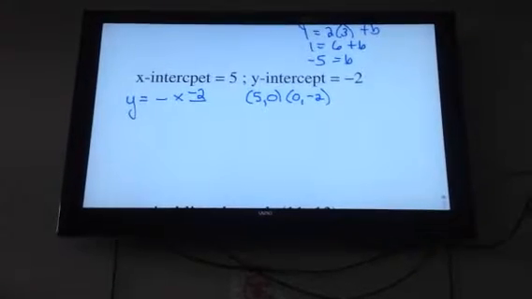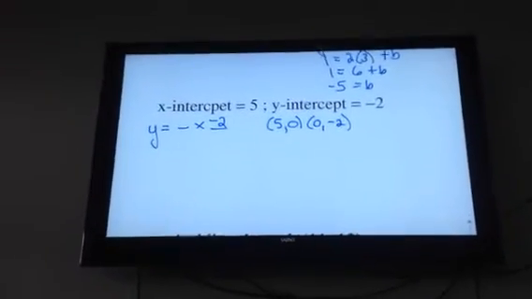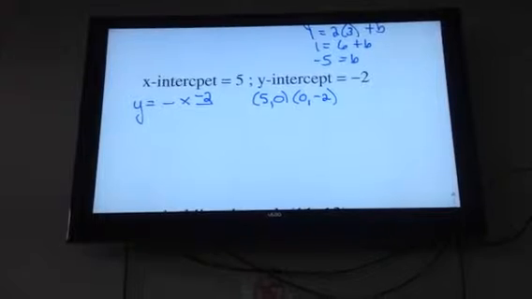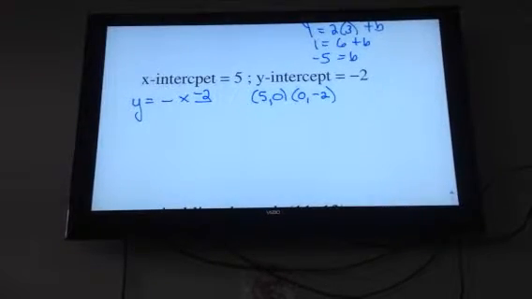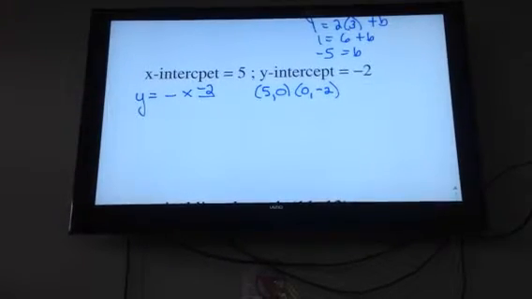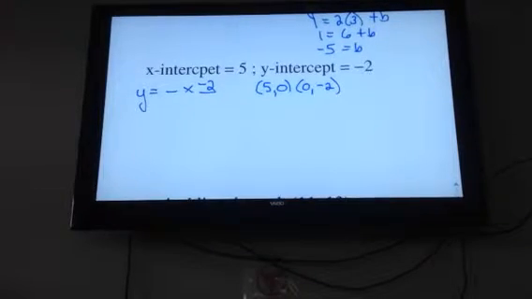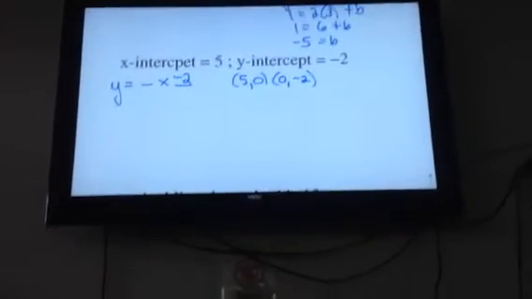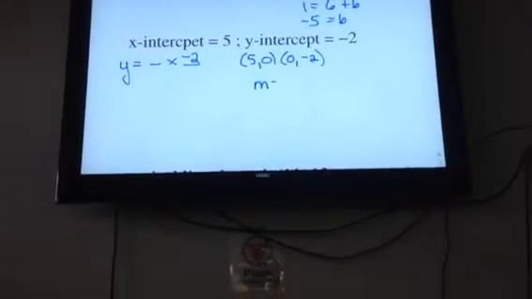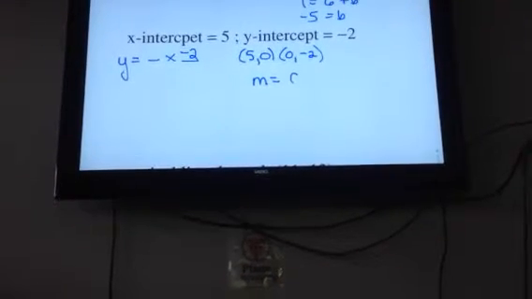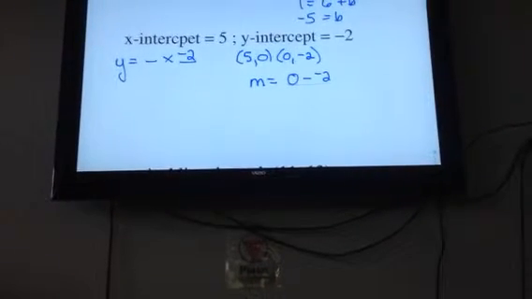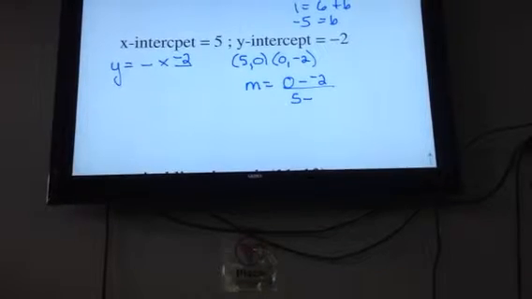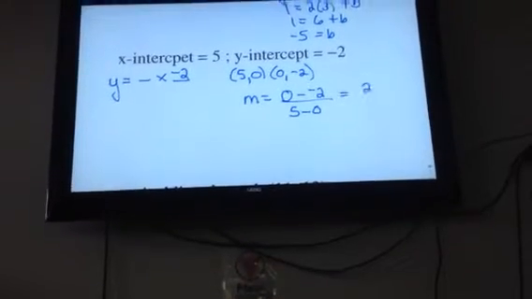Because at the x-intercept, your y is always 0, and at the y-intercept x is always 0. So I've just made my intercepts ordered pairs instead of just a number, and then I can use my slope formula. Y minus the other y, and x minus x. And I get 2 over 5.